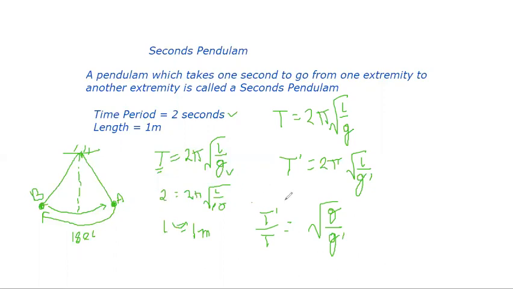Okay, so this is the formula which we will be using for the variation of the time period of a simple pendulum, or seconds pendulum, any pendulum, with the acceleration due to gravity.